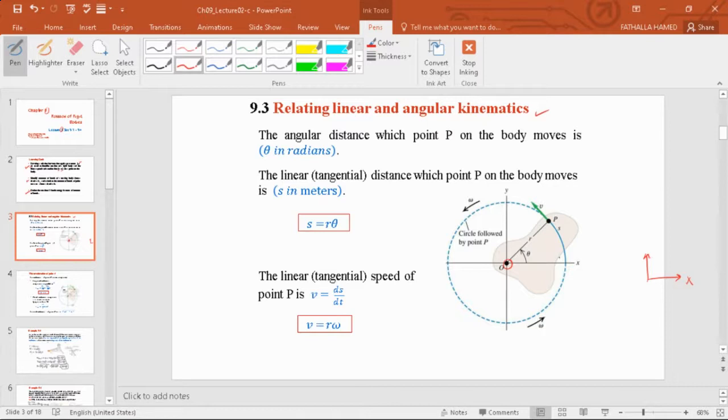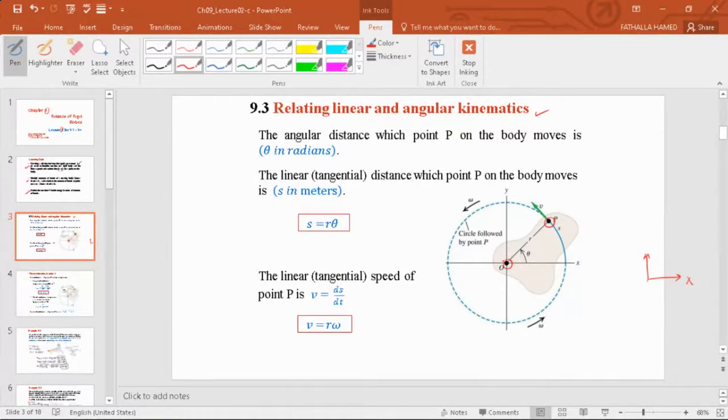Now this object that we have here, it's not regular, but we assume that the bodies are rigid. That means the points are fixed where they are. So let's take a point P here on the body. And this point P here will revolve around O. So I want you to consider two things here.